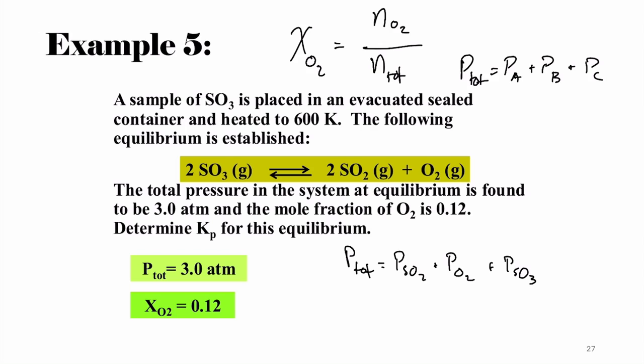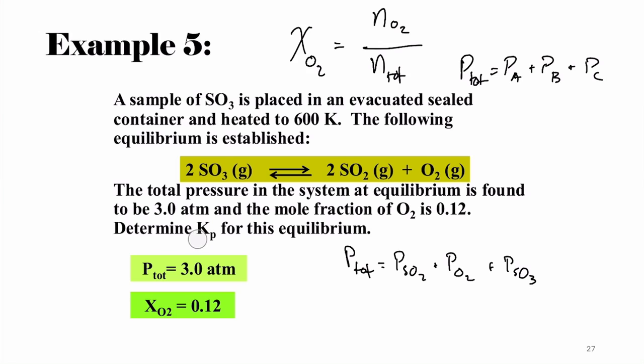This one, we know the problem gives us. We know this one, because it's related to the stoichiometry of this mole fraction. And this is the one that we don't know yet, so we have to find the partial pressure of SO3 here. That's the only one that we have to find.